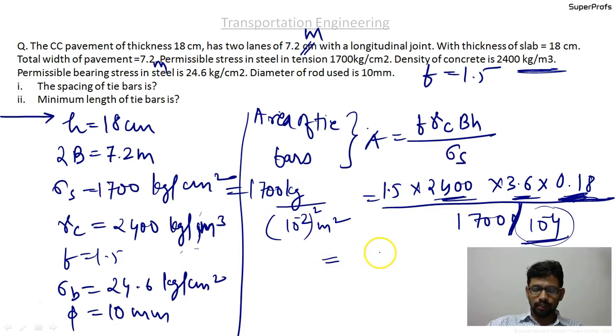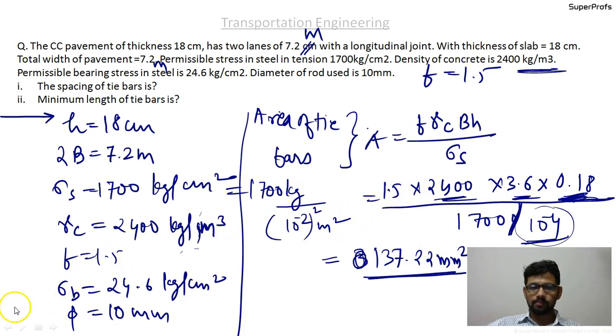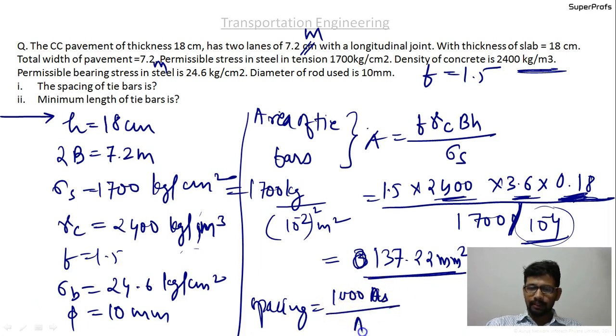So in millimeters what we will get is 137.22 mm square. This should be the area of tie bars along the 1 meter length of the rigid pavement. So we can find out spacing from this, for which we have got a formula. Spacing is equal to 1000 small a_s upon capital A_s.